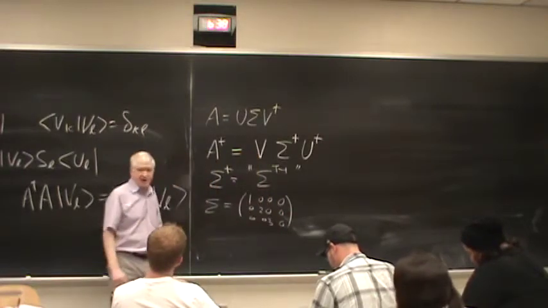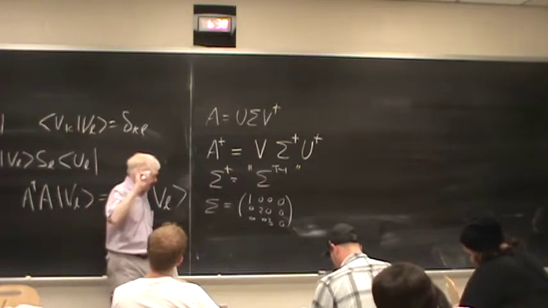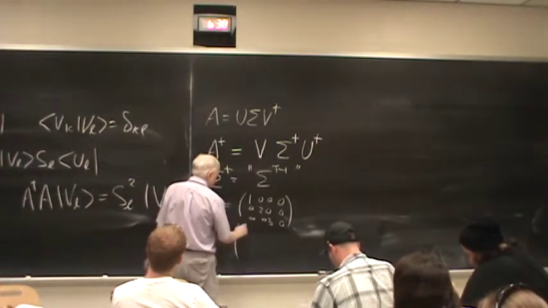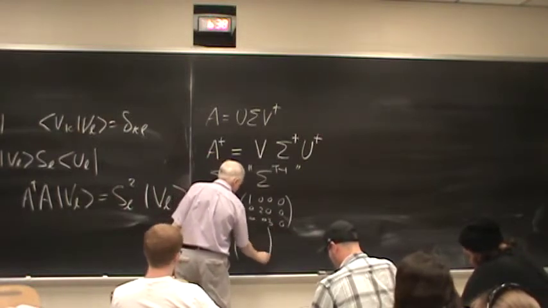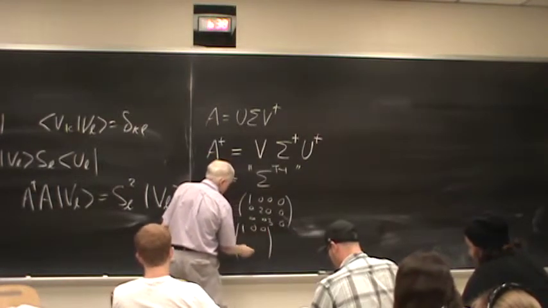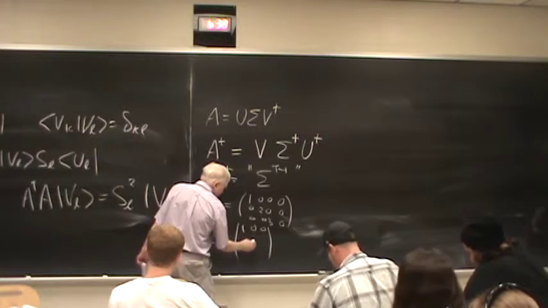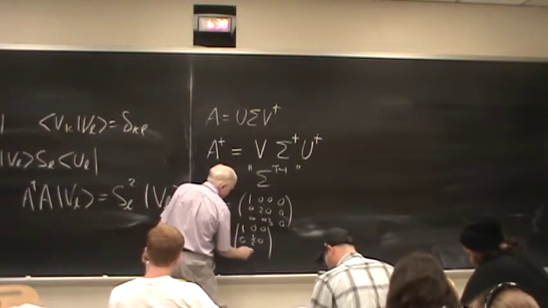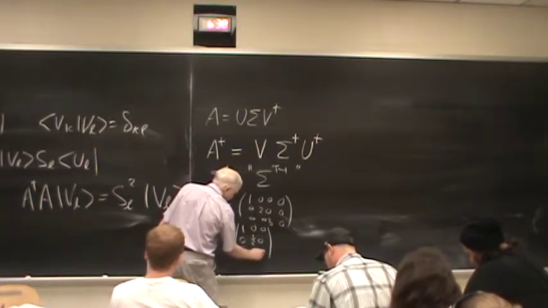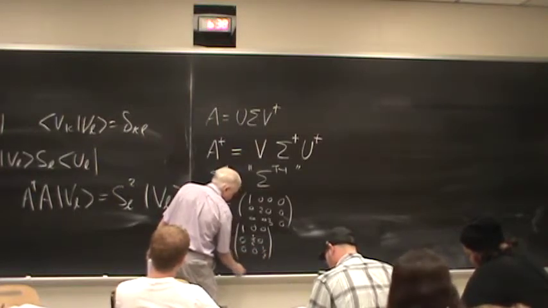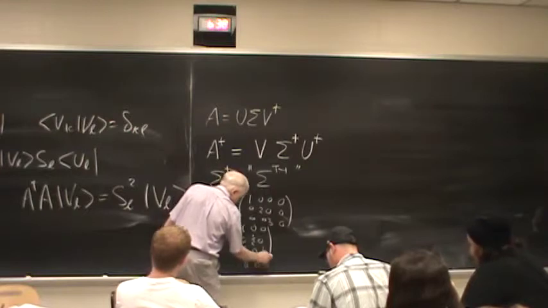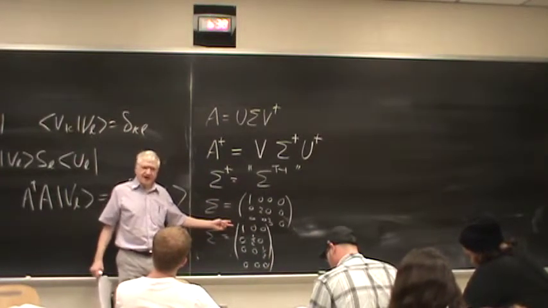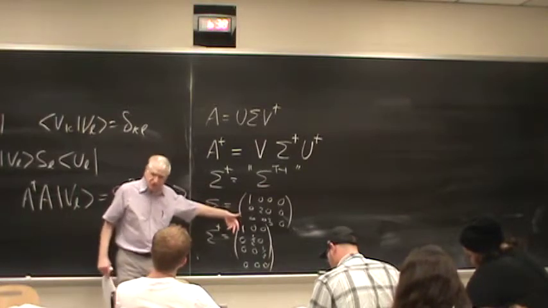Suppose sigma is a 3 by 4 matrix. Let me tell you what sigma plus is. Sigma plus then is 1, 0, 0, but now with 2 you do a half, 3 you do a third. So you take the inverse and then you've just got zeros. So you take the inverse of the singular values and you take the transpose.